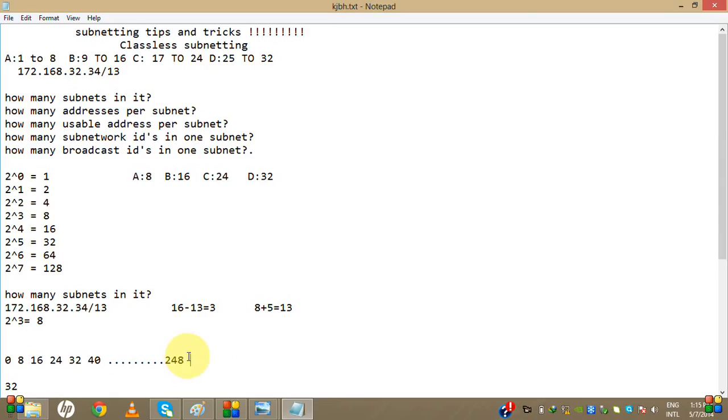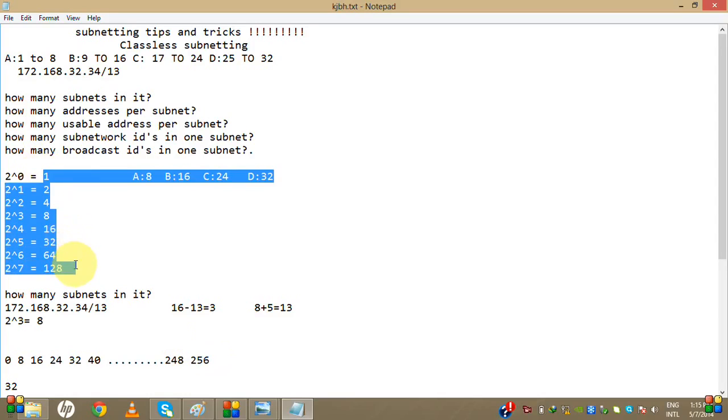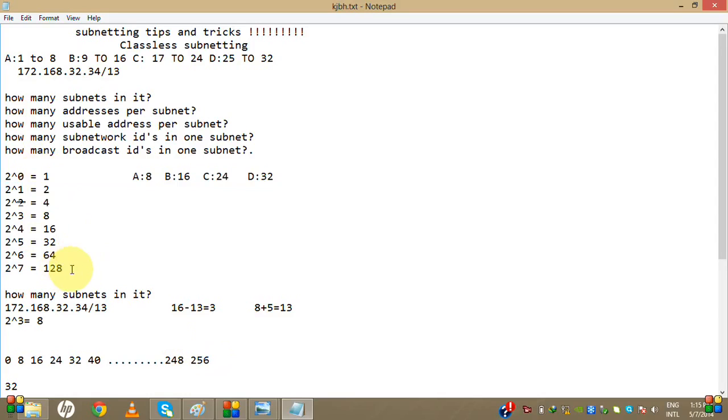The result shows 0, 8, 16, 24, 32, and it goes up to 256. When you add all of the 8 bits, 1 plus 2 plus 4 plus 8 plus 16 plus 32 plus 64 plus 128, the result is equal to 255.